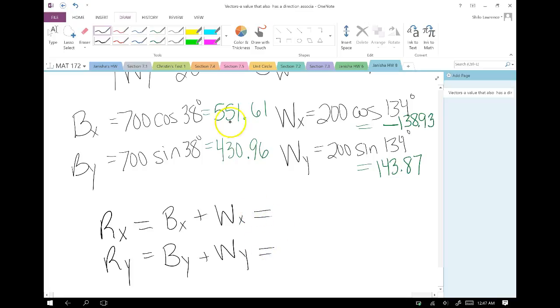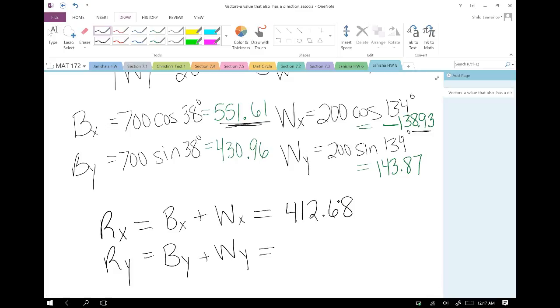So I'm going to be adding together 551.61 and negative 138.93. That'll be the x component for my answer. And I got 412.68.